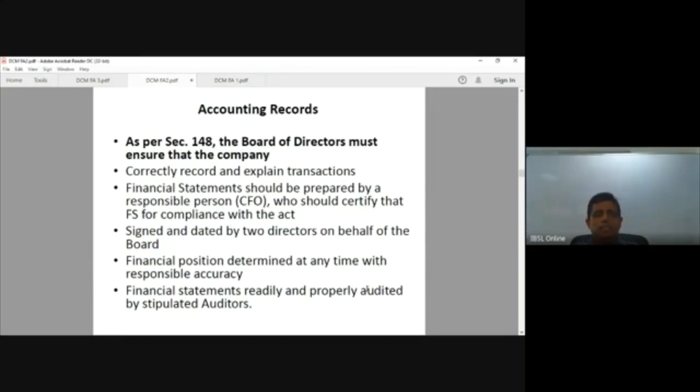Those are the two requirements. Therefore, this last point, financial statements readily and properly audited by the stipulated auditors. Every company should get their financial statements audited by a proper auditor at every year end.